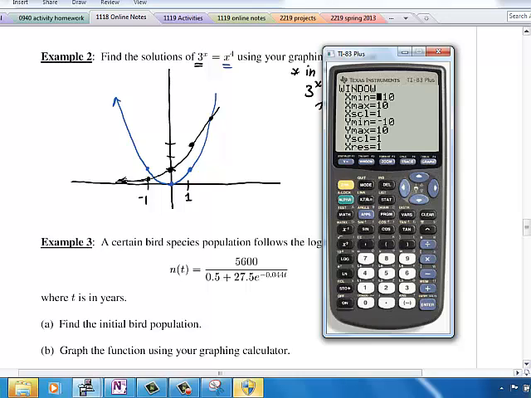We can just look in our standard window first, and we can see just what I was indicating here. We can see in the standard window there are two intersection points. Let me just change that window a little bit. I'm just going to do negative 5 to 5 even for the x's. I'll take a picture of that.